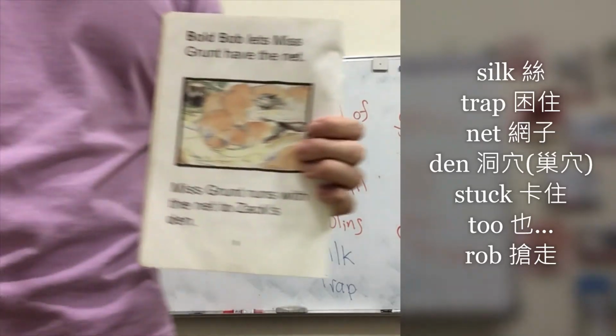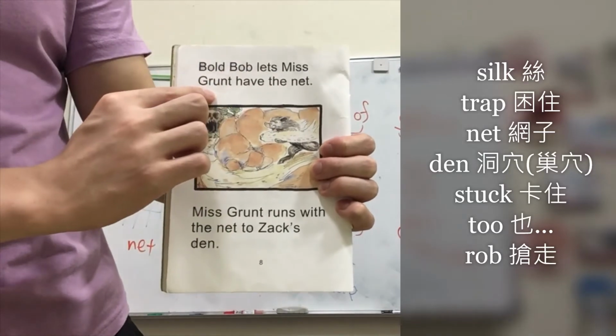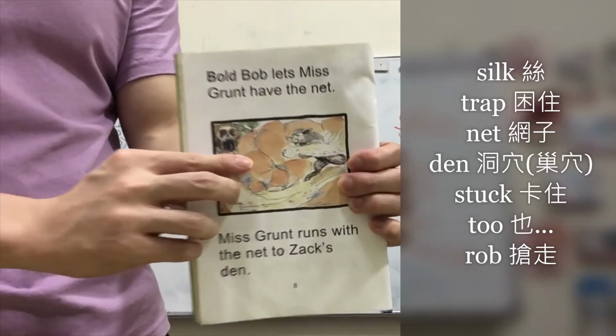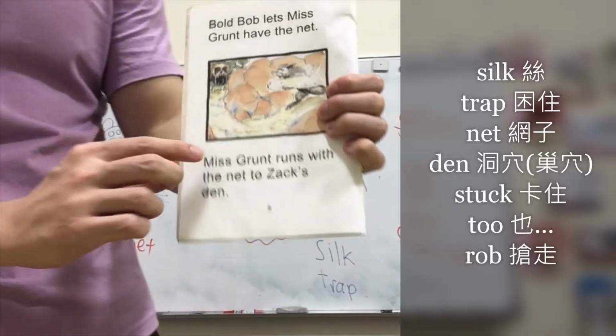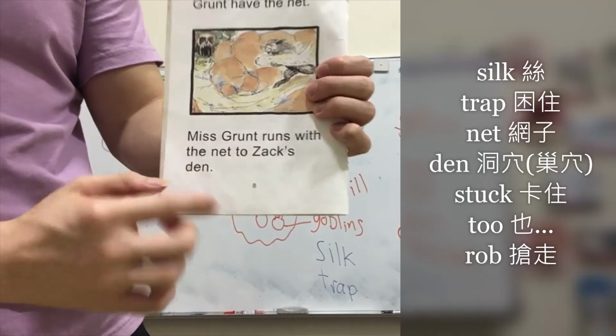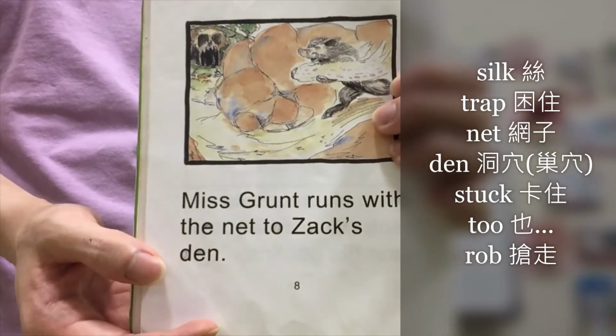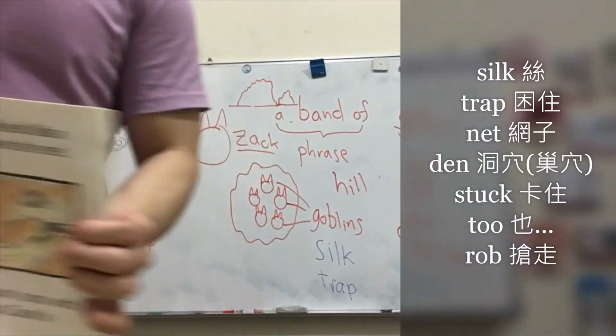Alright, now the next page. Bold Bob lets Miss Grunt have the net. Miss Grunt runs with the net to Zak's den.